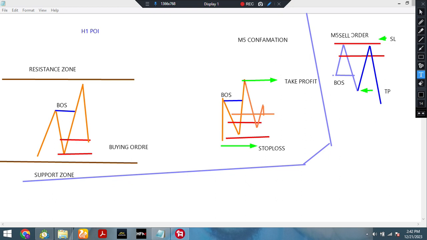Likewise, sometimes price might not fully enter the order block. This might be as a result of a fair value gap, which is an imbalance. Yes, it does happen. I explained part of the imbalance in my first video, so go back and check it. There are instances whereby what price came to do is just to fill that fair value gap or imbalance before it starts moving, while sometimes it comes into the order block fully.